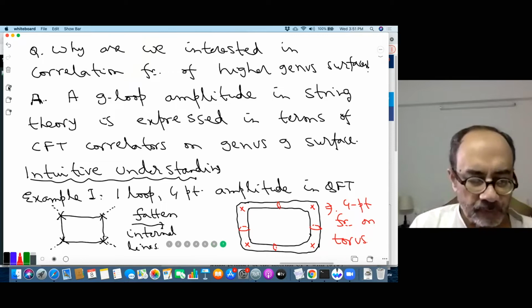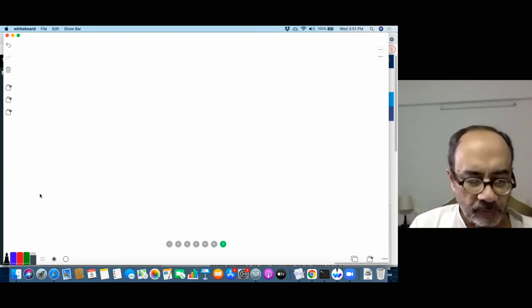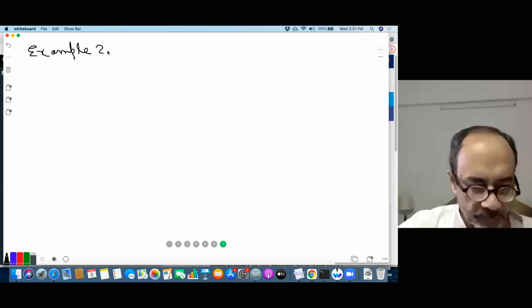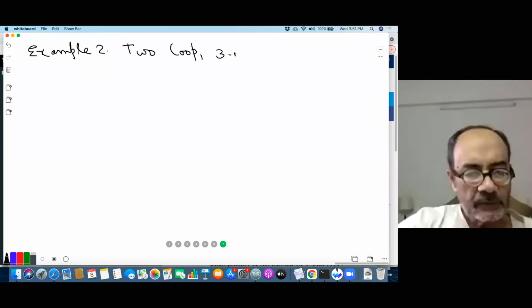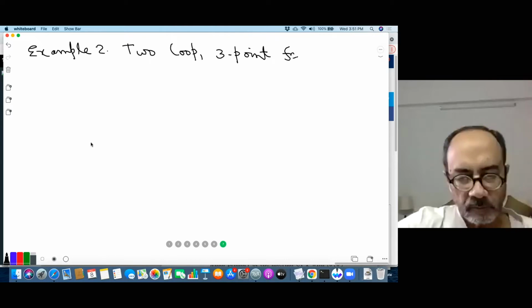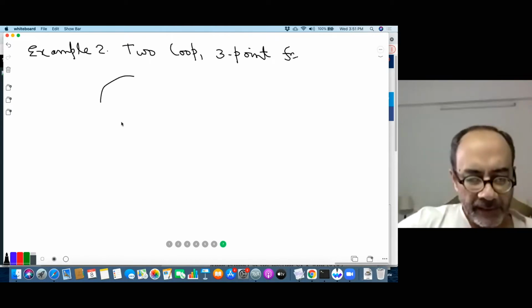Okay, I'm going to describe one more example. It's a 2-loop 3-point function. So let me draw a diagram.